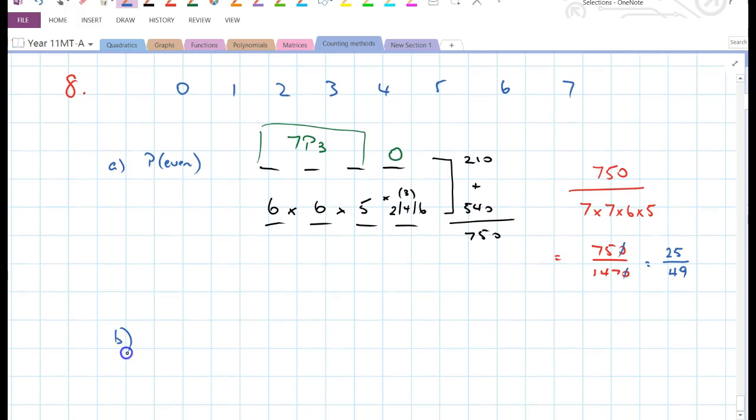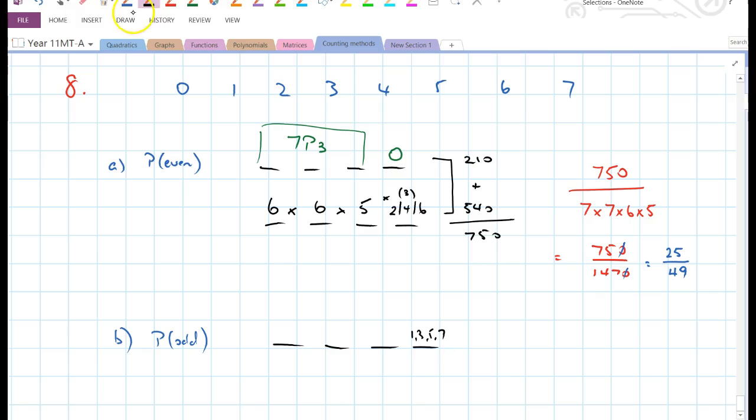The probability that it is odd. Okay, let's have another look at the situation here. 1, 2, 3, 4 spots. 1, 3, 5, or 7. I can have any one of 1, 3, 5, or 7 in there.